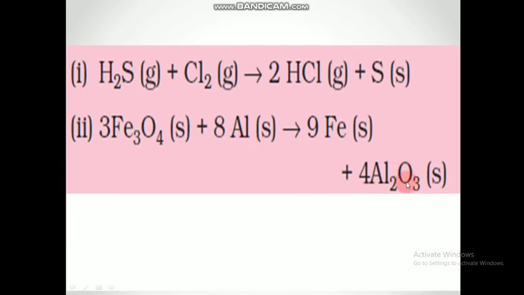So addition of oxygen is oxidation. So aluminium is getting oxidized to form Al2O3. So Fe3O4 is getting reduced to form Fe, and Al is getting added with oxygen to form Al2O3, which is oxidation. So oxidation and reduction are combining in this reaction, hence it is a redox reaction.